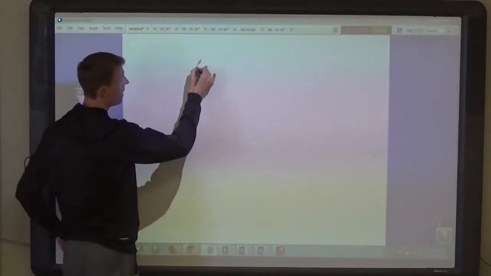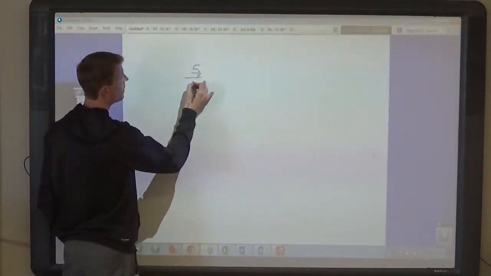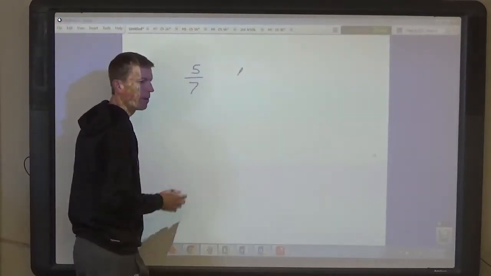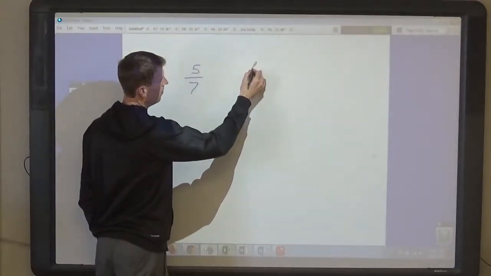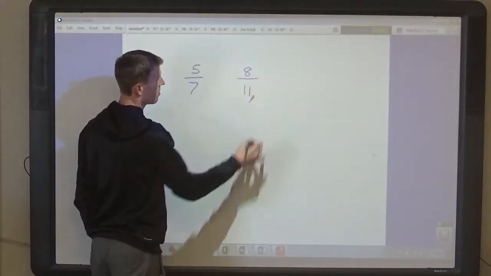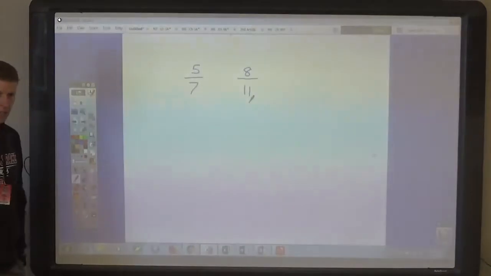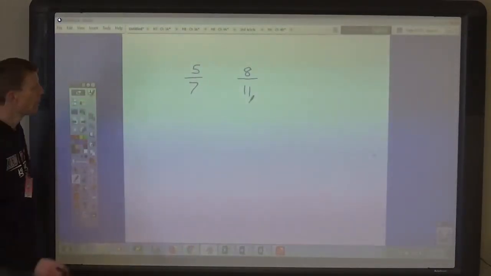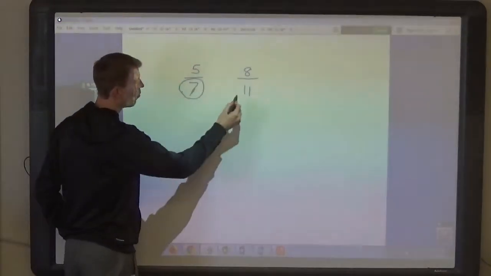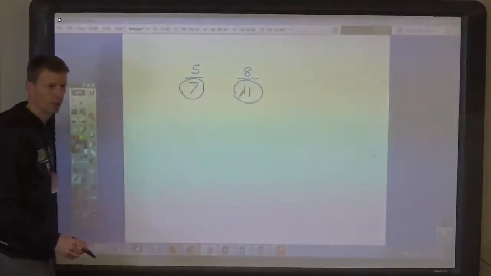Right, so let's say that we have 5 sevenths, and we're comparing 5 sevenths and 8 elevenths. Okay? We'd have to look at both numbers and think, what do both of these go into?